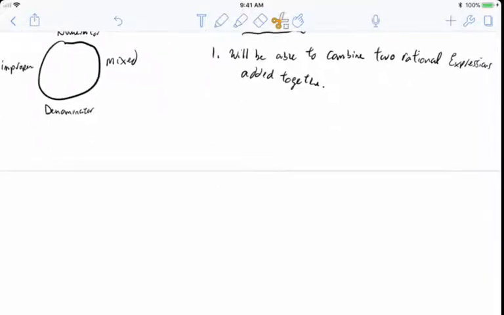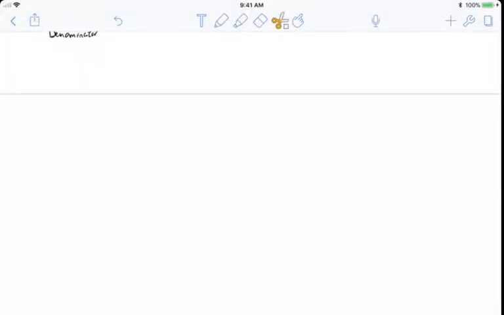Okay, let's start by talking about adding rationals. So, 2x plus 3 over x squared plus 4x minus 7 over x minus 1. When I say I want to add them together, what am I talking about?